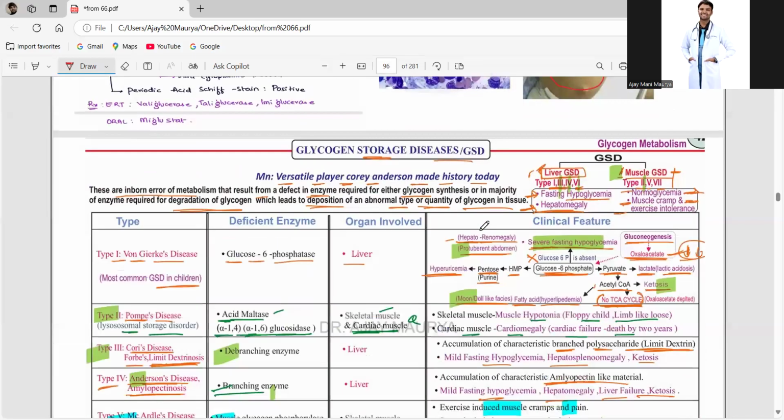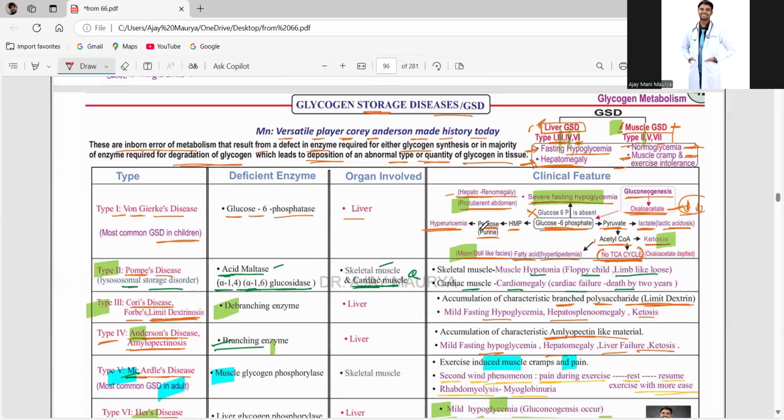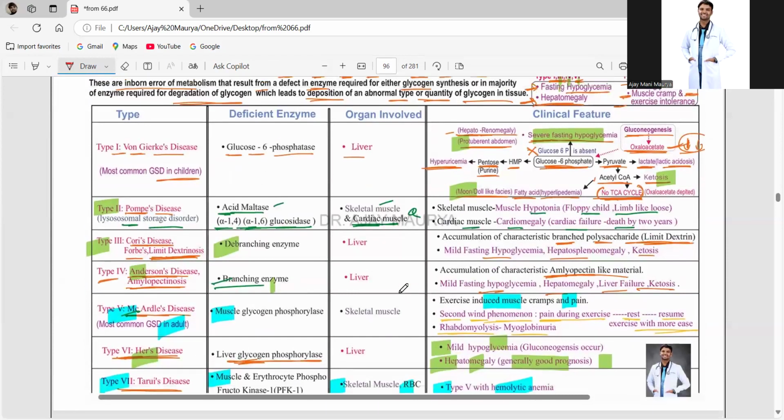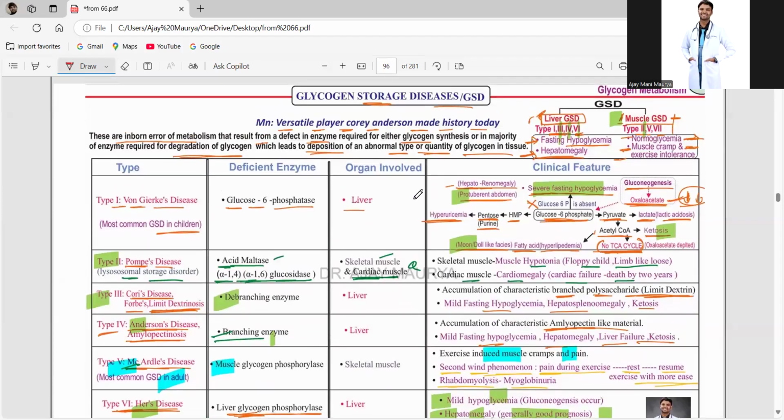So guys, next we are going to talk about glycogen storage diseases. You need to remember we have a total of 7 types. One thing to remember: the ones which involve the liver are types 1, 3, 4, 6.